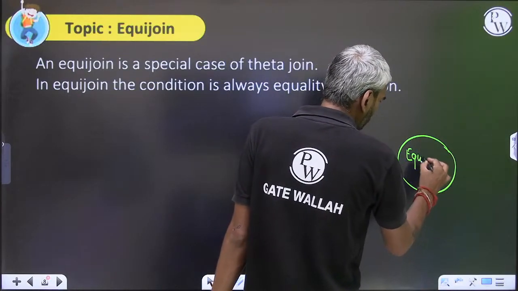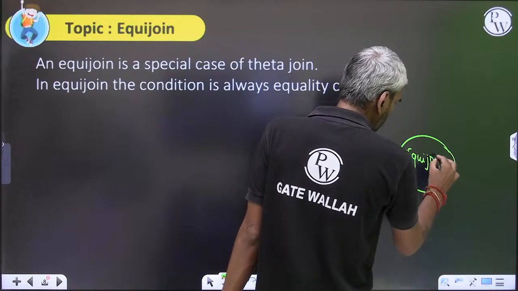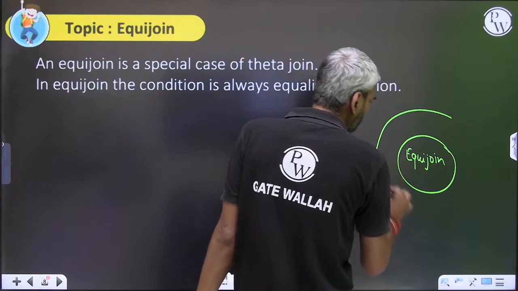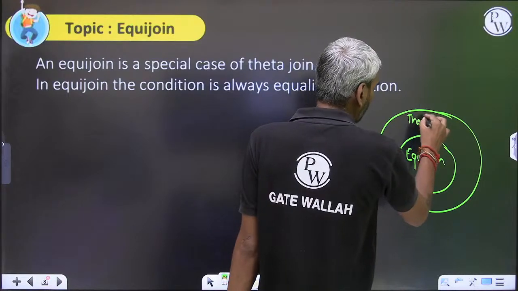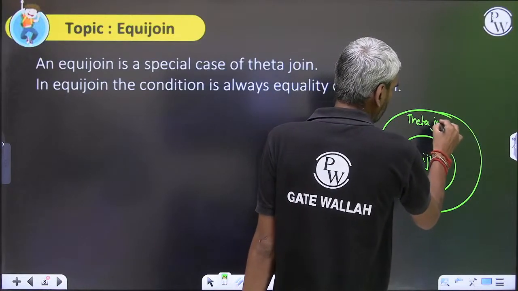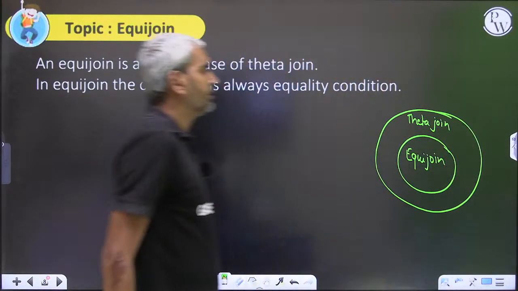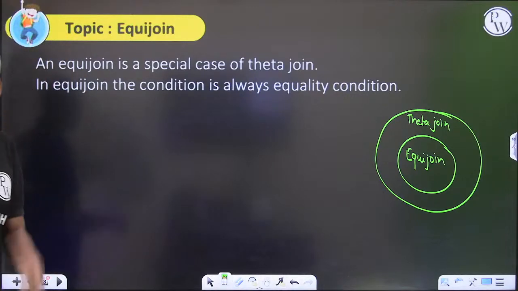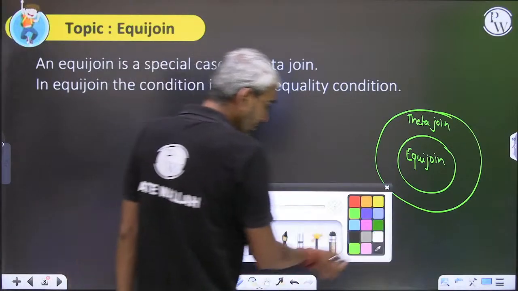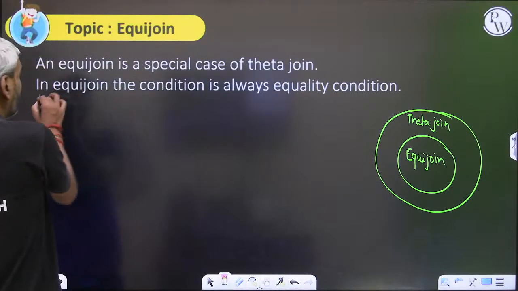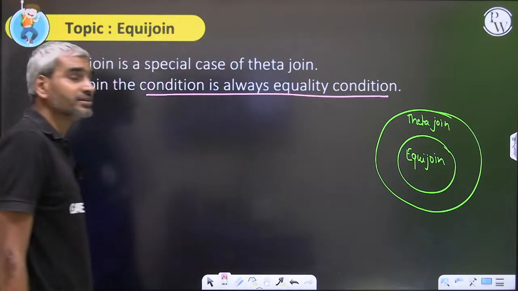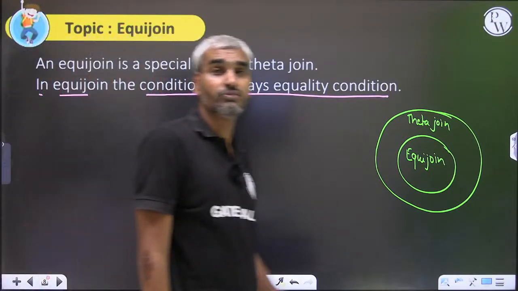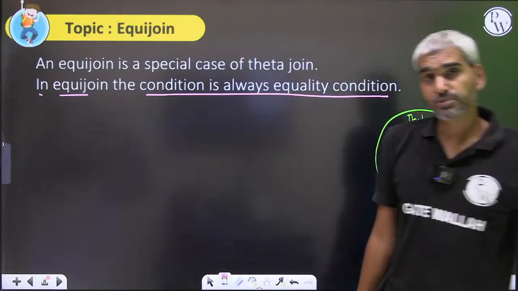So I can actually say that this is equi-join. An equi-join is a special type of theta join. Therefore, all the equi-joins are theta join as well. Now, what will happen, sir? In equi-join, the condition is always equality condition. But is it necessary that this equality condition will be on common attribute? No, sir.